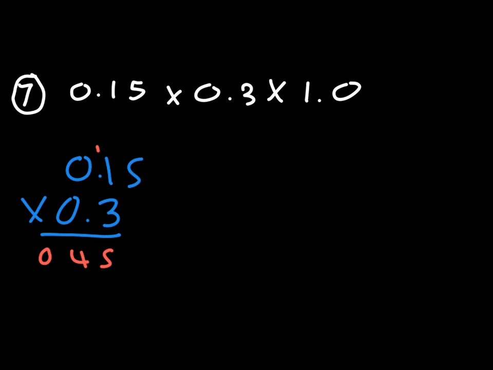And once again, if we take the 0 in front of the 3 and we multiply it by everything, we are just going to get a whole lot of zeros. So now once again, we need to figure out how many decimal places are going to be in our final answer. So because we've got 2 for the first number and 1 for the second number, we add these two together and we get 3.